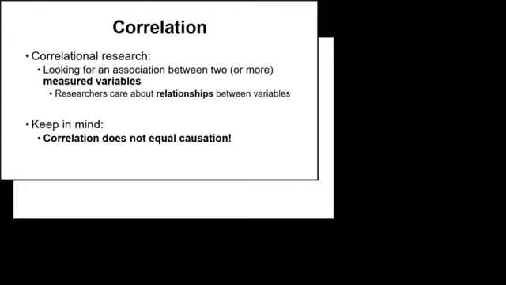And the one big thing that we want to keep in mind here is that we're finding relationships between variables, but we can't get enough information to infer causality between those variables. We can say that the thing on the x-axis and the thing on the y-axis are related. They seem to vary together very closely, but we can't say that x causes y or y causes x. We can't do that unless we can do manipulations.